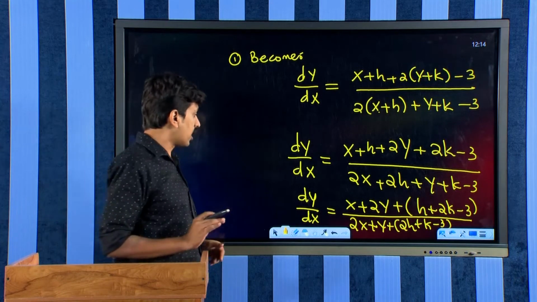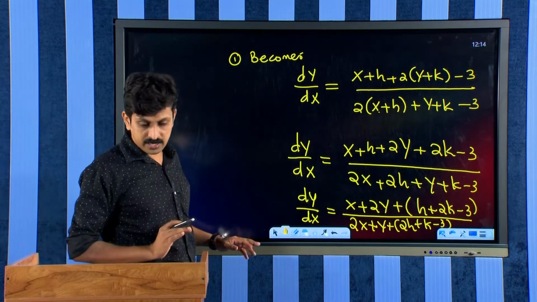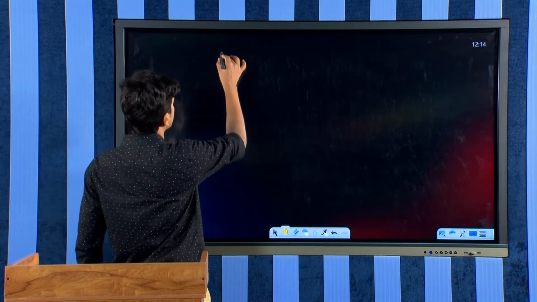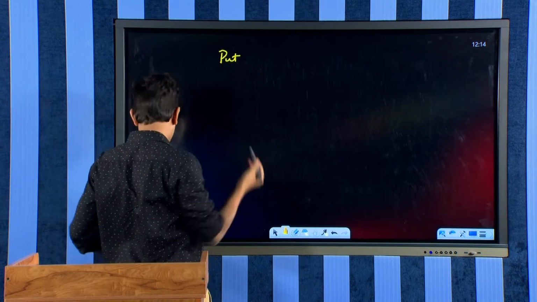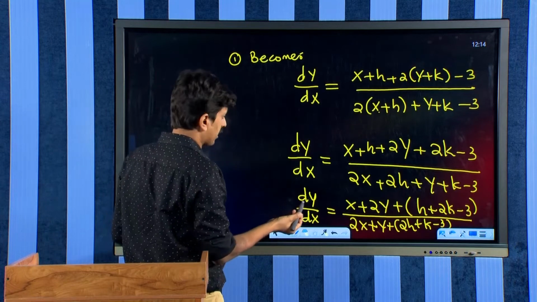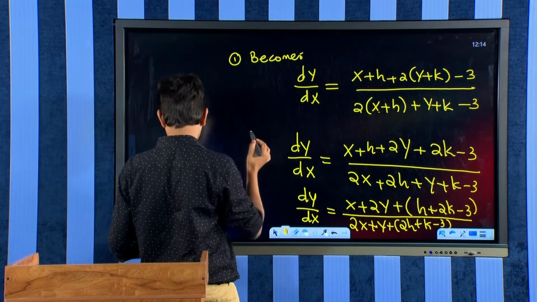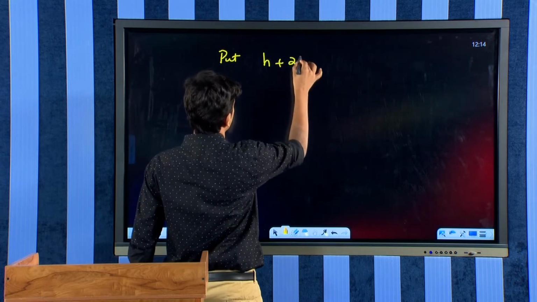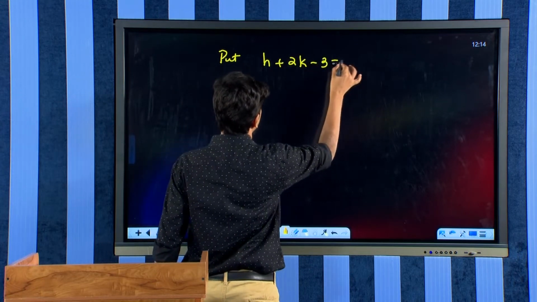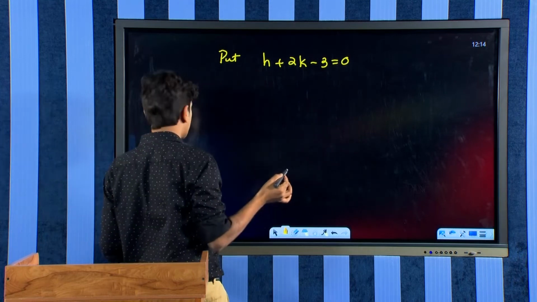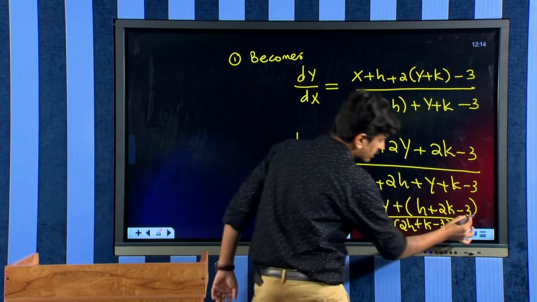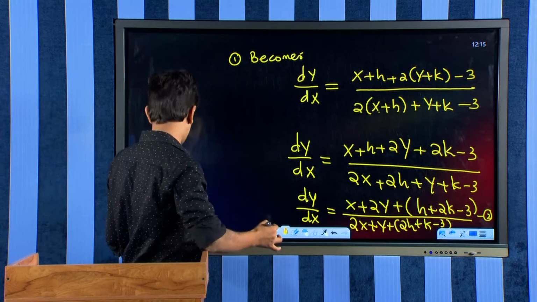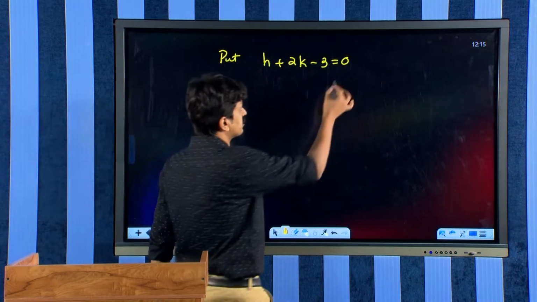So we consider h plus 2k minus 3 equal to 0. I would like to put this as equation number 2, and I would like to put this as equation number 3.